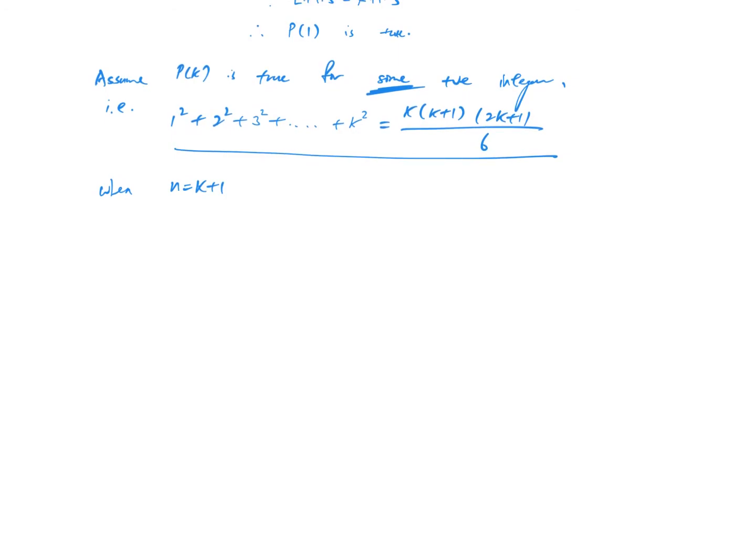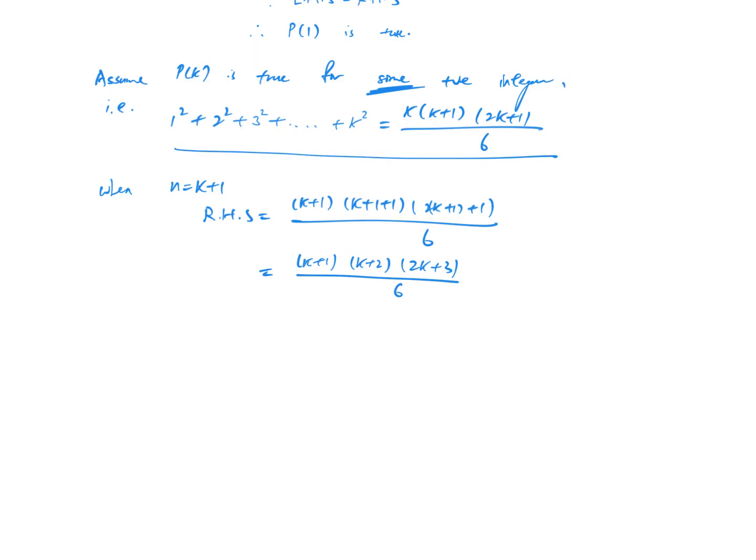In general, I will write down the right-hand side first because I need to know what I need to prove. It is k plus 1, k plus 1 plus 1, 2 times k plus 1 plus 1, over 6. Then the first term is k plus 1, k plus 2, and then 2k plus 3 over 6.